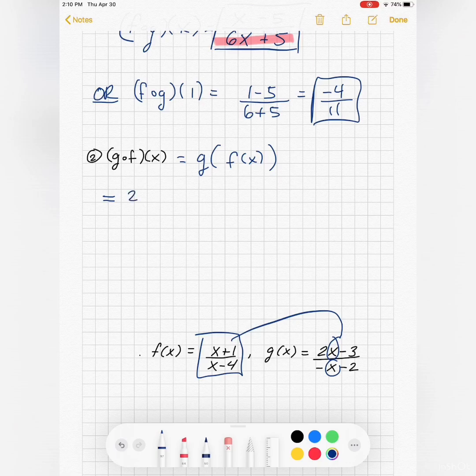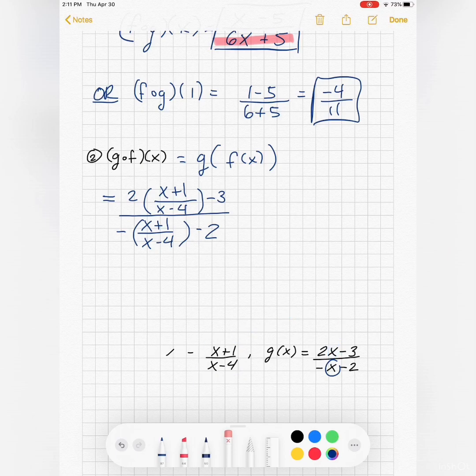The g of x template looks something like this. Then I'm putting f in there. So I have x plus 1 over x minus 4 in both those bubbles.